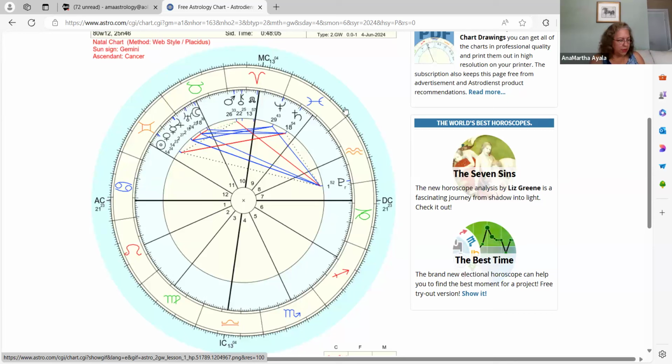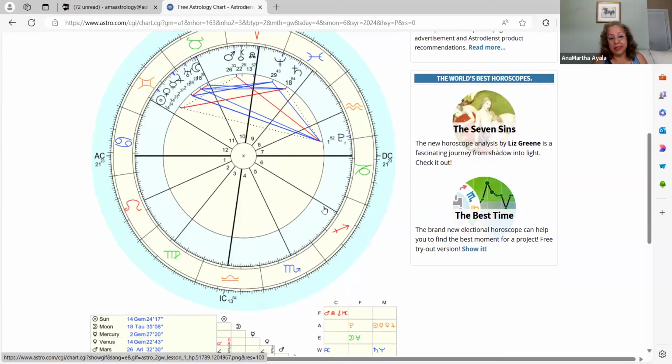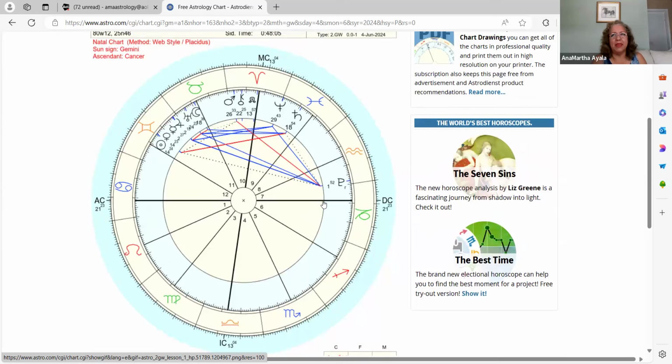Now, the houses, and this is just going to be like a brief overview, right? With the houses, and not to confuse, but the same terminology is used. You have the cardinal or angular houses, and the angles of the chart are these points.